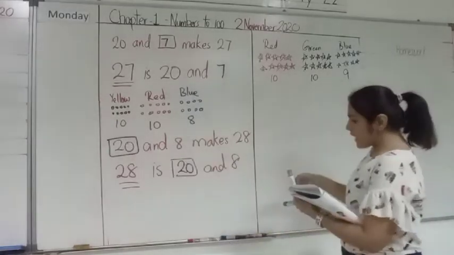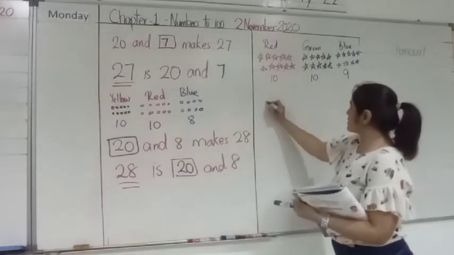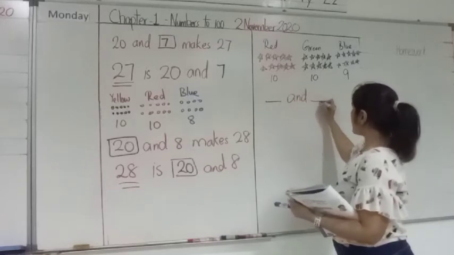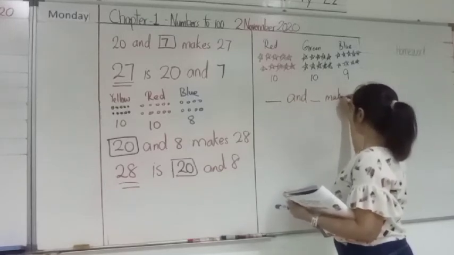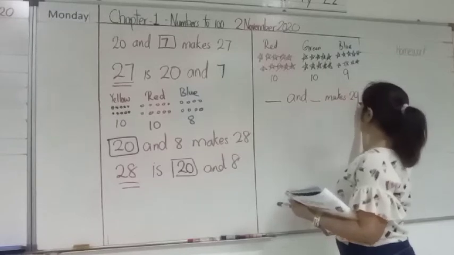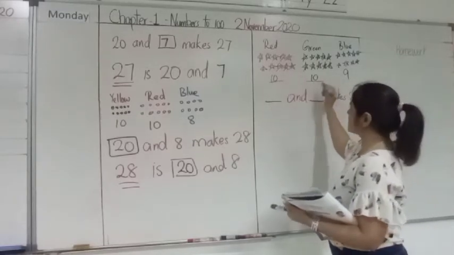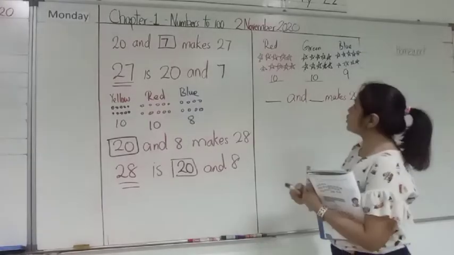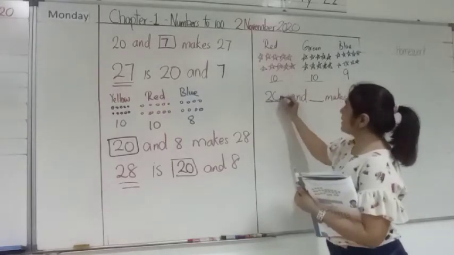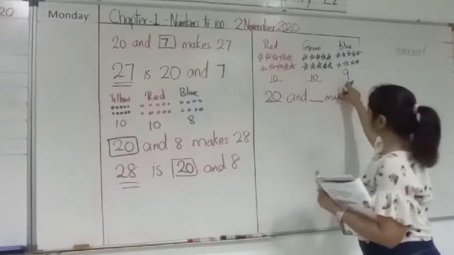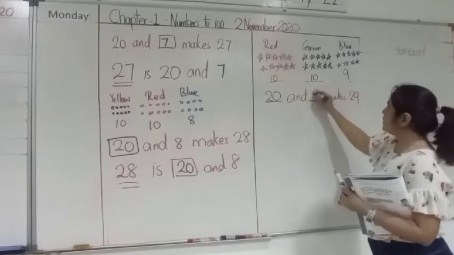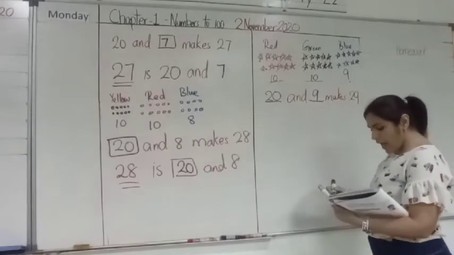Okay, now dash and dash makes 29. I want it in tens and ones. How many tens? 2 tens. 2 tens means 20. 20 and 9 makes 29.